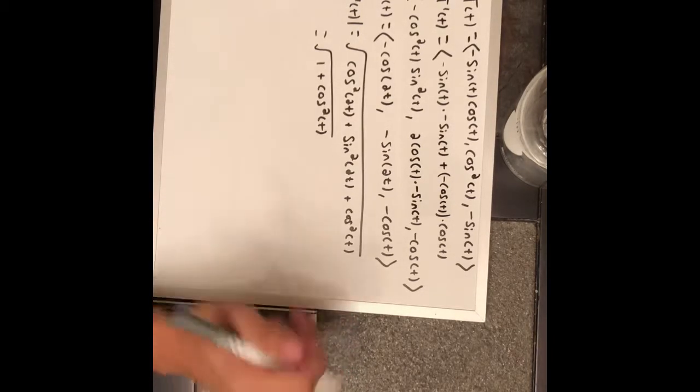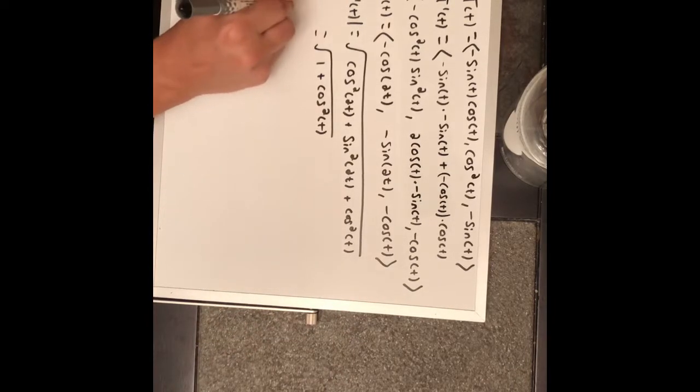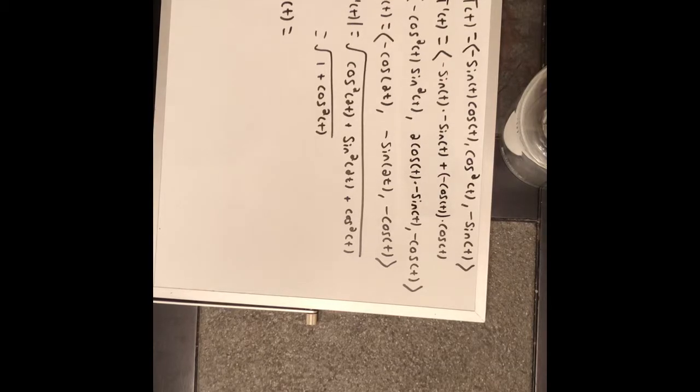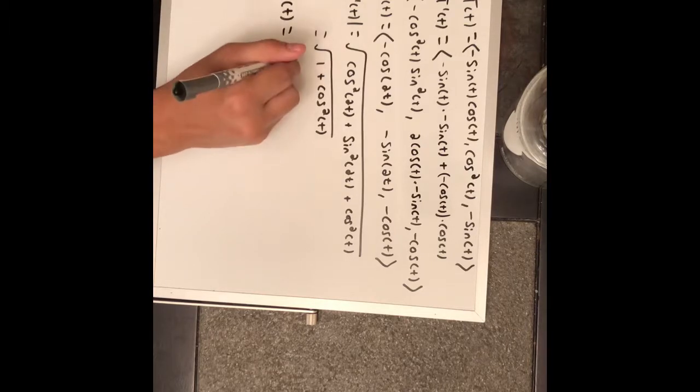So now, let's find the N of t, the normal vector of t, which is equal to the first derivative divided by the magnitude of the tangent vector. So let us do that.